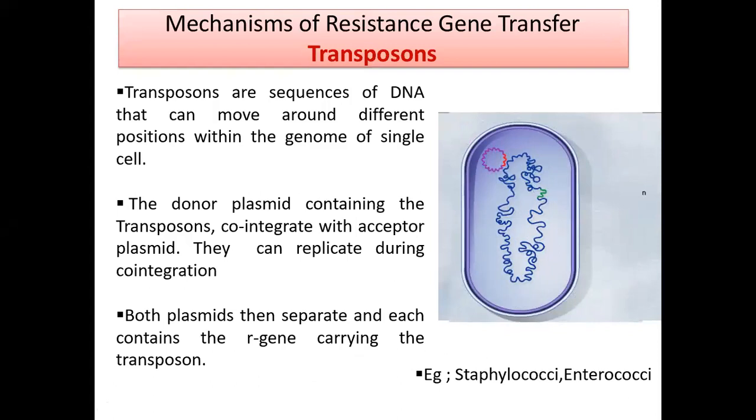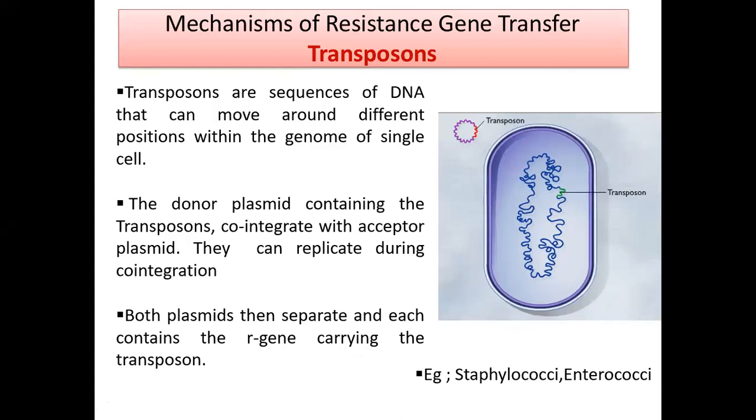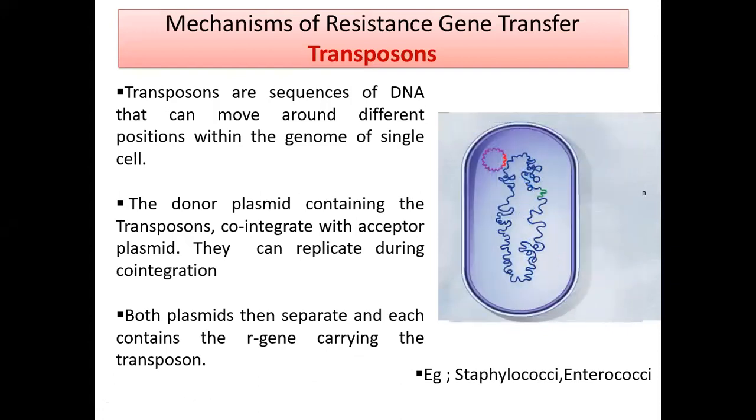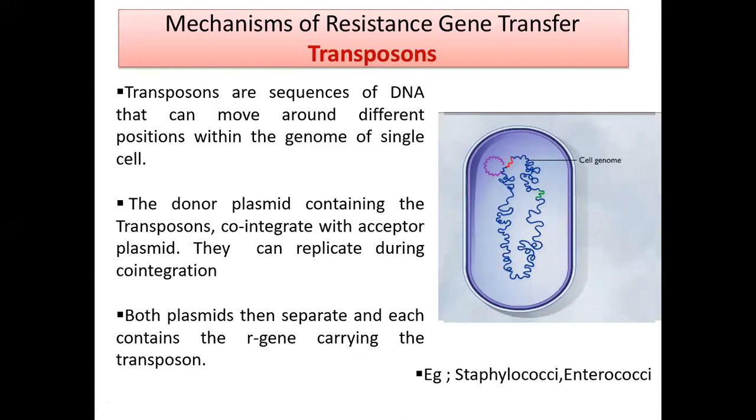Okay, so now here you can see the transposon. It is shown in red color, right? In the next slide, you can see the plasmid come inside the cell, and now you can see it has integrated into the chromosomal DNA, into the cell genome.